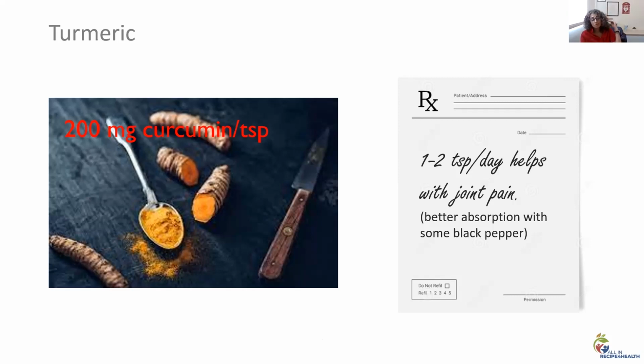And sometimes I'll use it with ibuprofen, to decrease the dose of the ibuprofen. Some people prefer to buy it in capsule form, even though that's much more expensive, because they don't like how the turmeric makes their teeth look yellow after a while. And that's their choice. I personally put 2 teaspoons in a smoothie every morning, and that's my joint medicine for the day. So next.